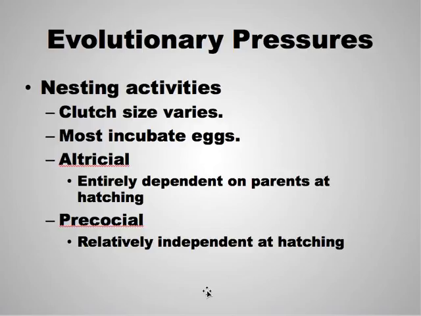They are somewhat mobile and can feed themselves a limited amount. They still need some care from their parents. Altricial individuals are completely immobile, blind, and completely unable to thermoregulate. There is a continuum between altricial and precocial.